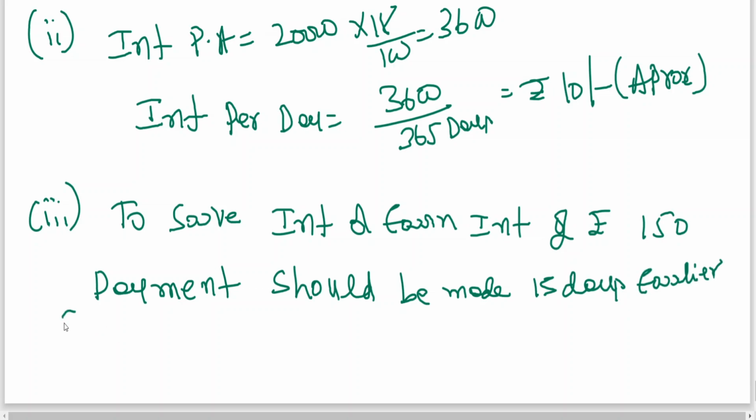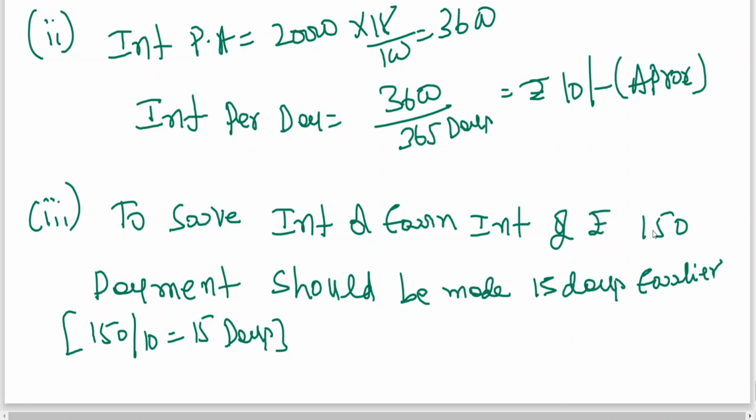How, sir? 150 rupees by 10 rupees. The 150 rupees interest you want to save. What is per day interest? 10 rupees. 150 by 10, you are getting 15 days. To save interest or earn interest of rupees 150, payment should be made 15 days earlier. That is 150 by 10.